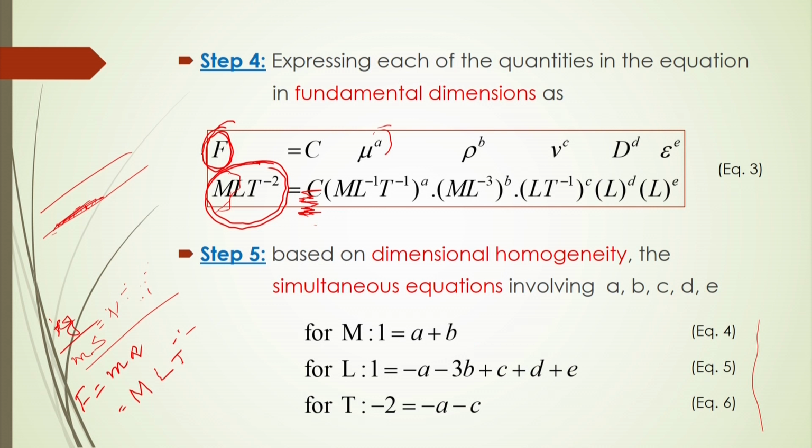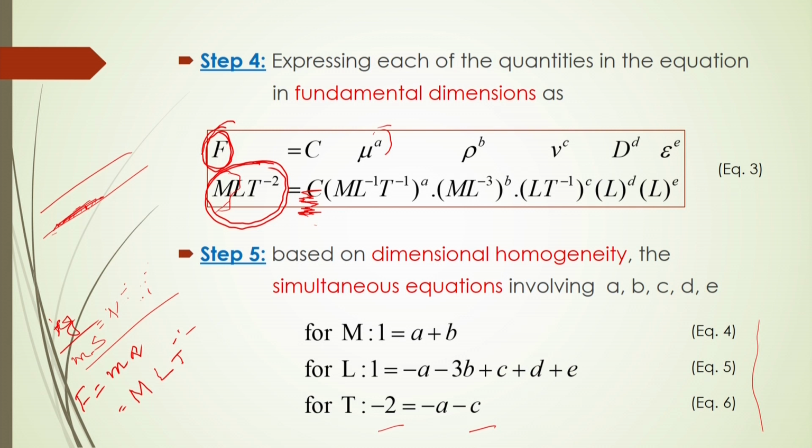Similarly, for dimension L, if you equate the exponents of L from the left hand side and right hand side, then 1 will be equal to minus a minus 3b plus c plus d plus e. And in equation 6 we have the equation for time, equating the dimensions of time from the left hand side and right hand side: minus 2 will be equal to minus a minus c.